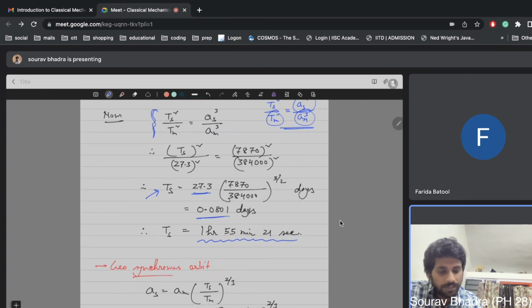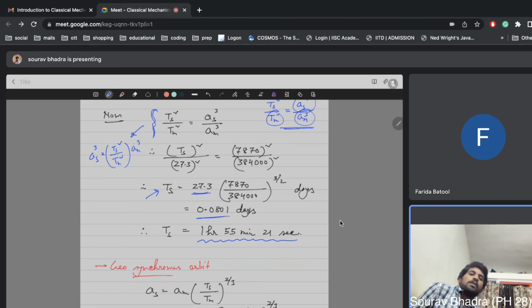From this equation, it can be written as as cubed equals Ts squared by Tm squared into am cubed. Here also we will use the data for the moon which has been given in the problem. So as can be written as a equals am times (Ts by Tm) to the power 2/3.